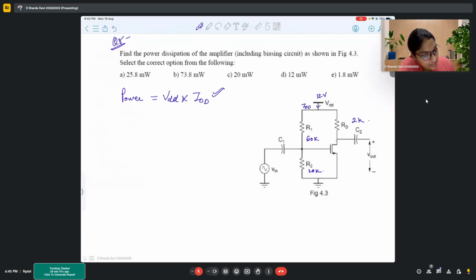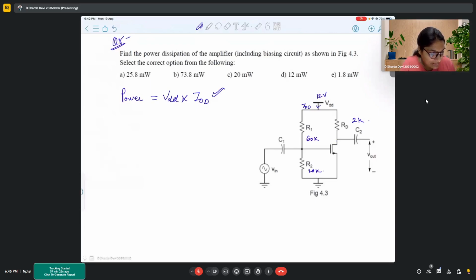So this will be 12 upon 20 plus 60K, that's 12 by 80K, that is 1.5 into 10 to the power minus 4 amperes, or 0.15 milliamperes I1.